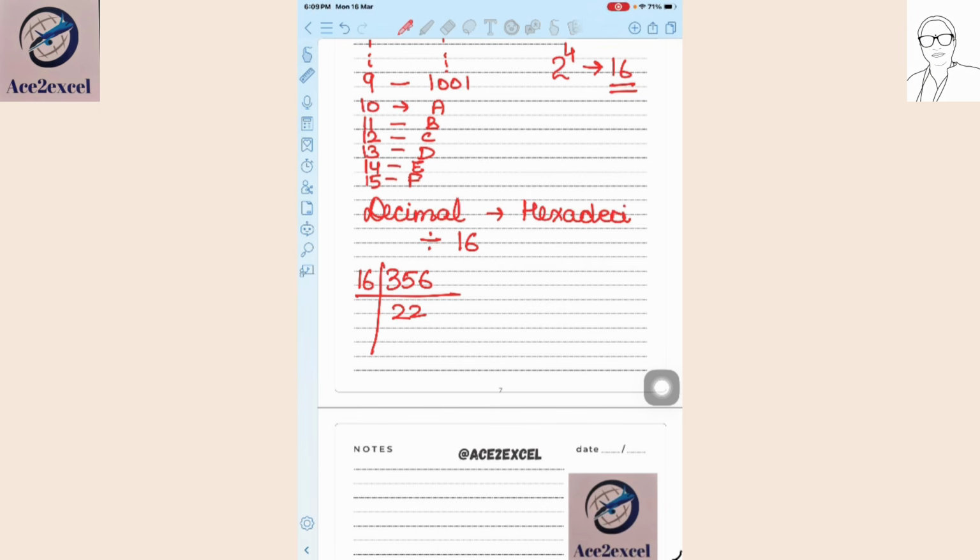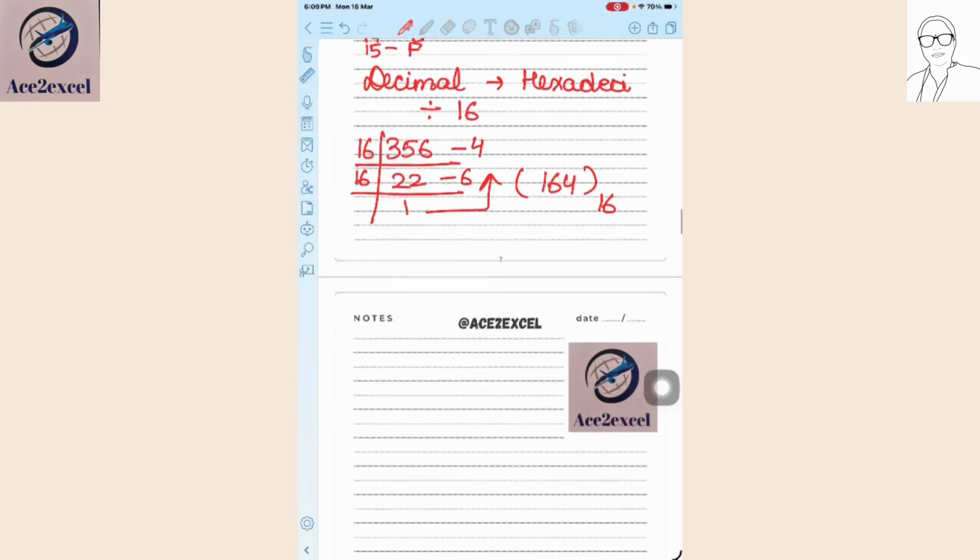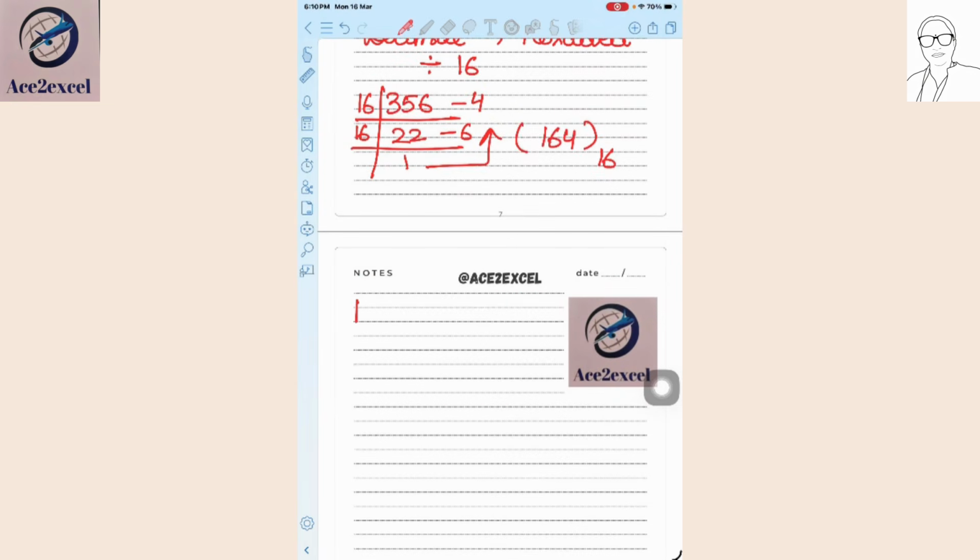The number is 164 to the base 16. Similarly, if I want to convert hexadecimal to decimal, what will I do? I'll multiply by 16. I hope you can solve similar examples like this.